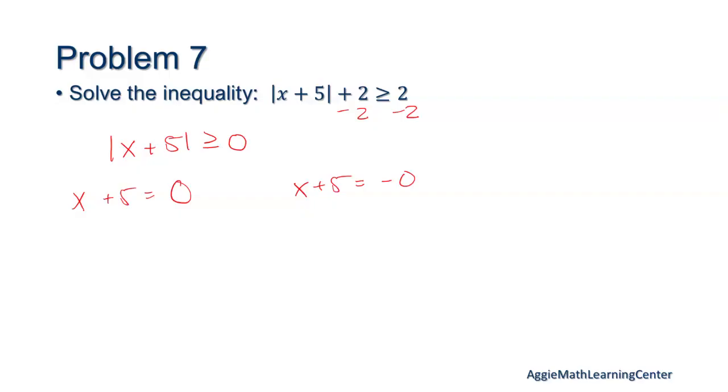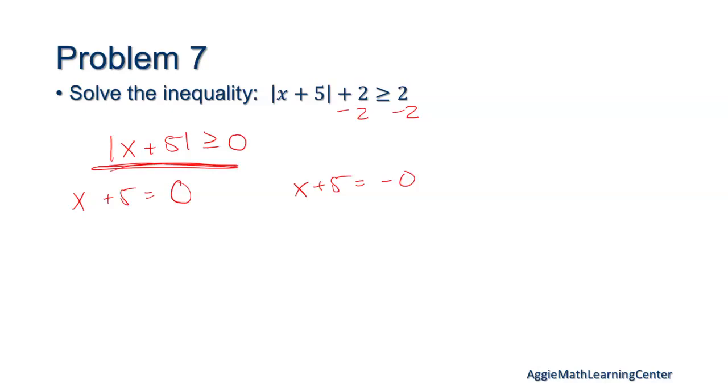Are we following all right? That was a very simple question. There's no number I could plug in for x where I would get something whose absolute value is less than 0. Because absolute values are always positive, right?